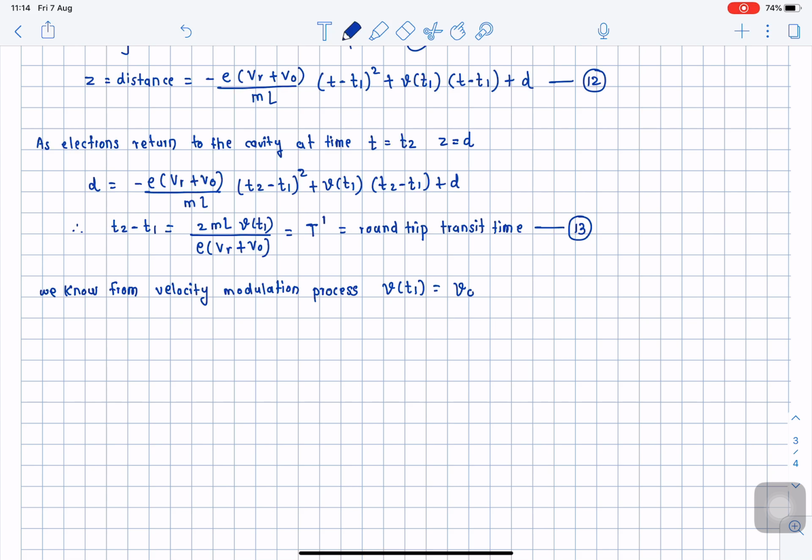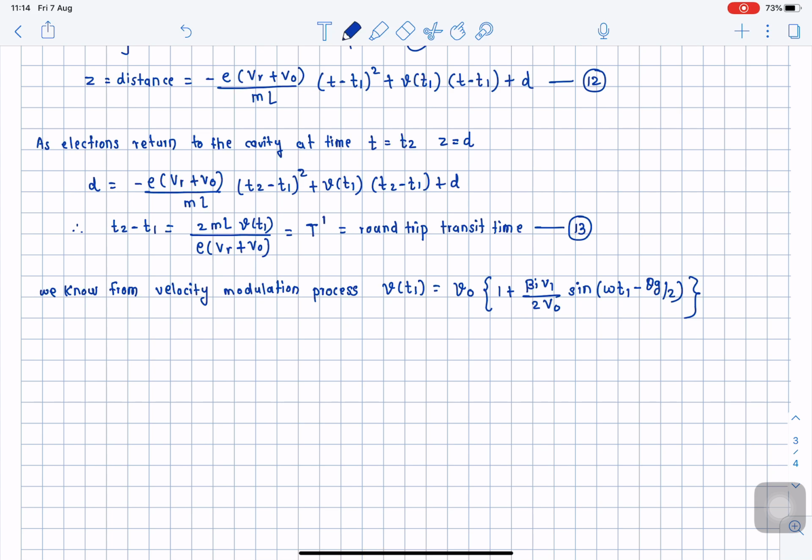Original velocity v0 into bracket 1 plus beta I v1 upon 2 v0, sine of omega t1 minus theta g by 2, from the theory of velocity modulation.